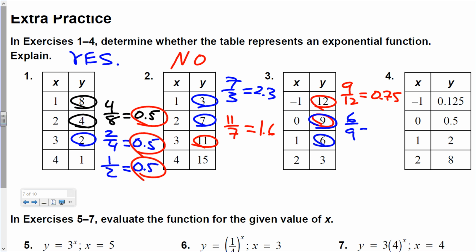The third divided by the second. Let's see what happens. 6 divided by 9, I got 0.67. This one's a big fat no also. So number 3 is a no.